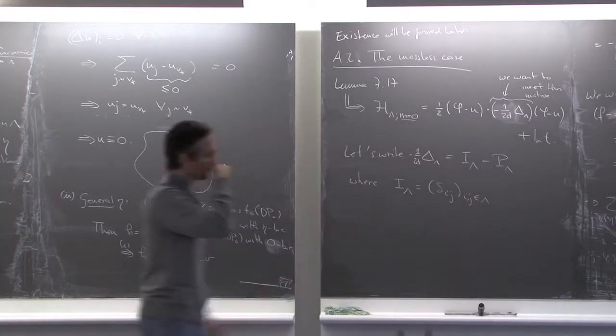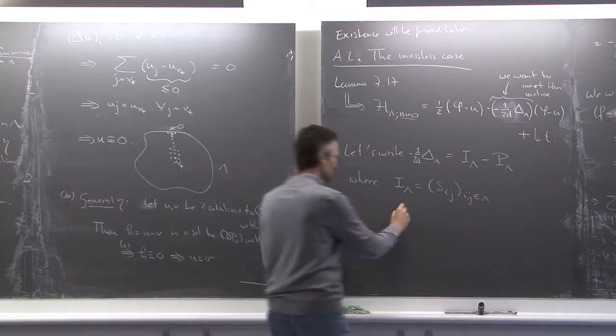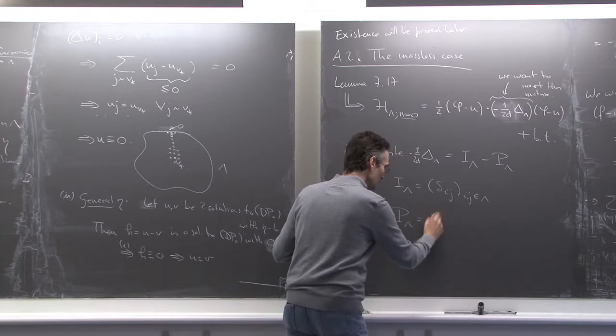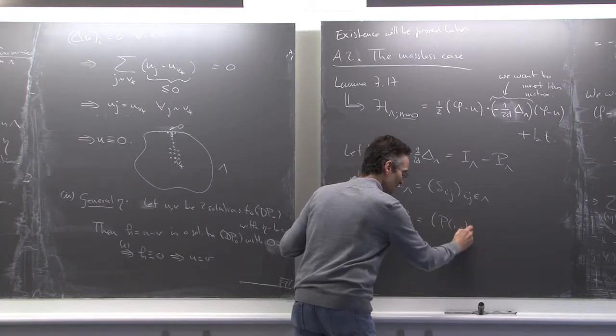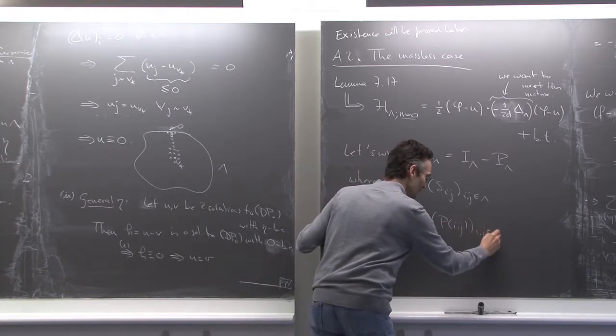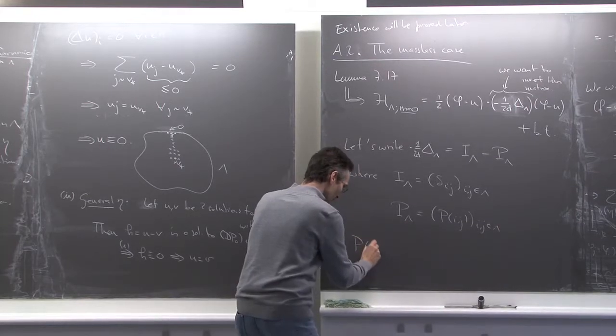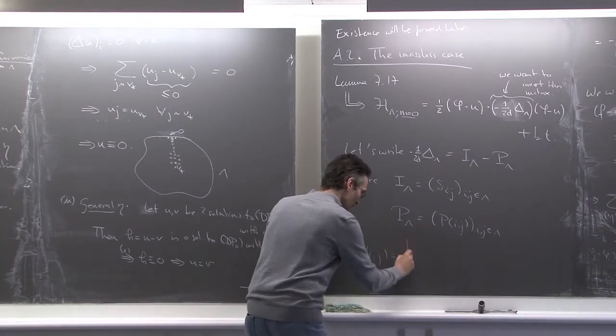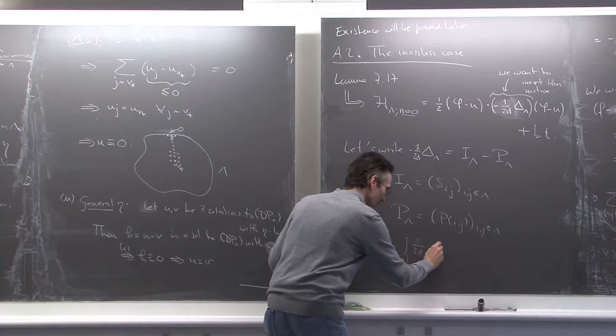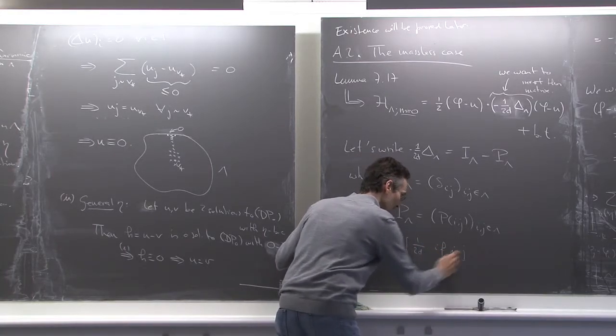And P lambda is a matrix with matrix elements Pij, where Pij is equal to 1 over 2d if i and j are neighbors and 0 otherwise.